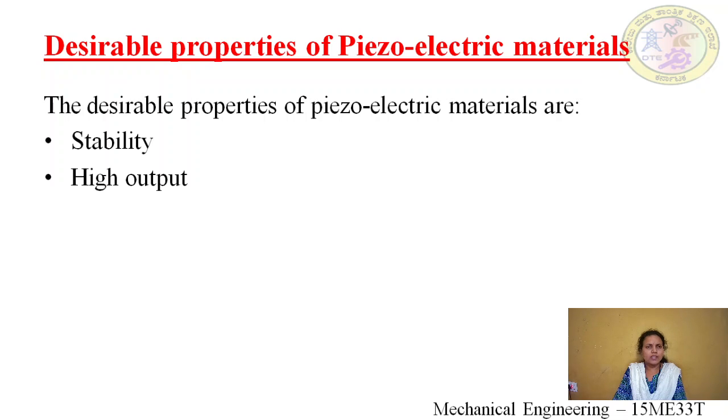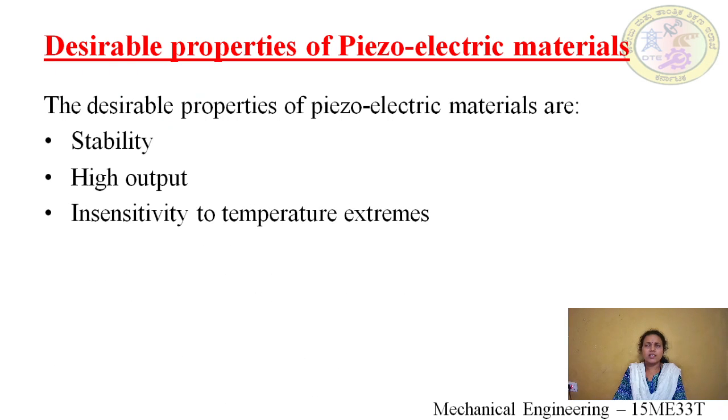Next, they are insensitive to temperature extremes; temperature doesn't affect the output. Next, they are insensitive to humidity. Humidity is nothing but the moisture content in the air, and moisture content also affects the piezoelectric material output.